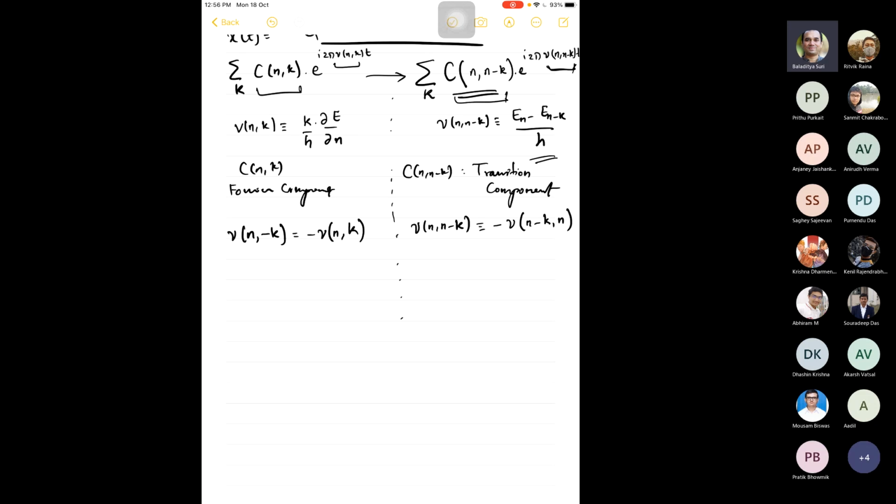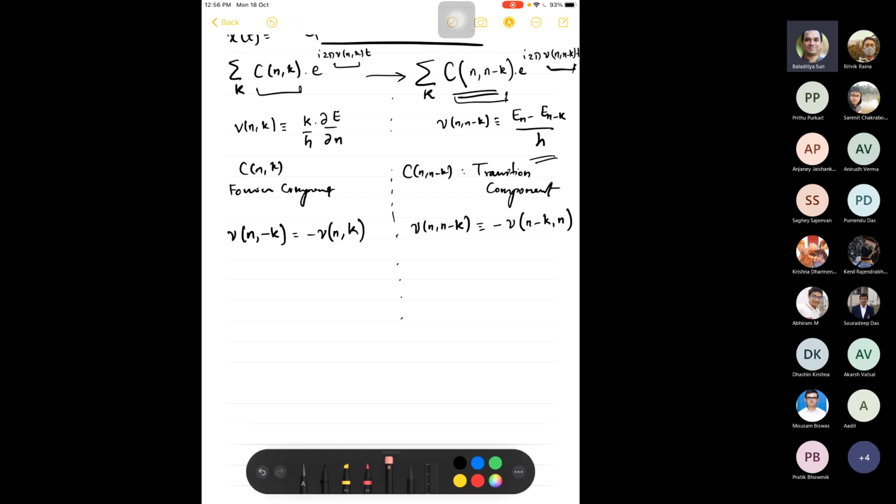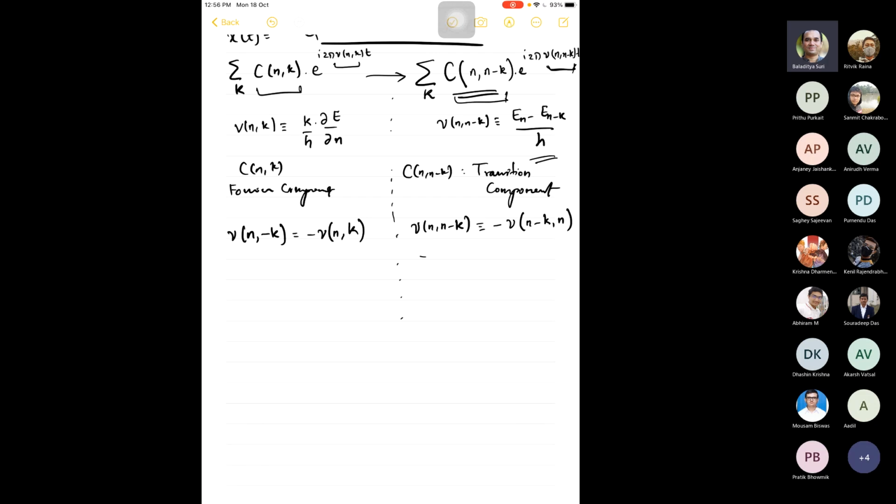Why? Because if you write E of n minus E of n minus k by h, right? The negative of this will be E of n minus k minus E of n by h.